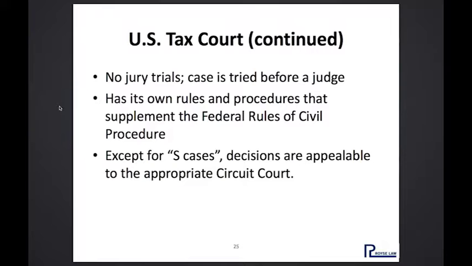The U.S. Tax Court has its own rules and procedures that supplement the federal rules of civil procedure. The IRS is represented by IRS counsel. Except for the S cases that I'll discuss later, tax court decisions can be appealed to the appropriate circuit court.